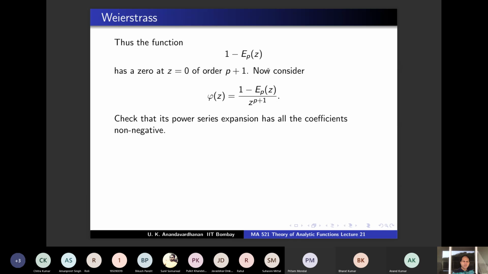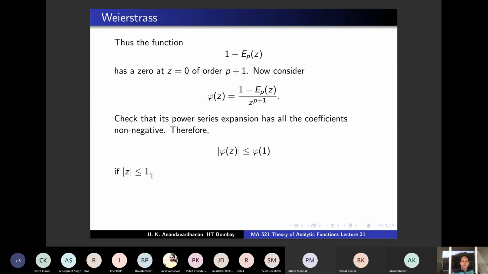So from that you can check this, and then you are done, because the modulus of this, some summation a_n z power n, will be less than or equal to summation mod a_n mod z power n. So if mod z is less than or equal to 1, then it is at most summation a_n, because mod a_n is a_n.